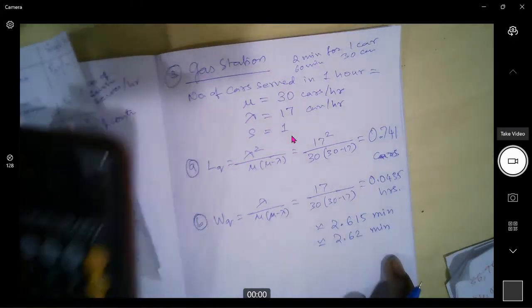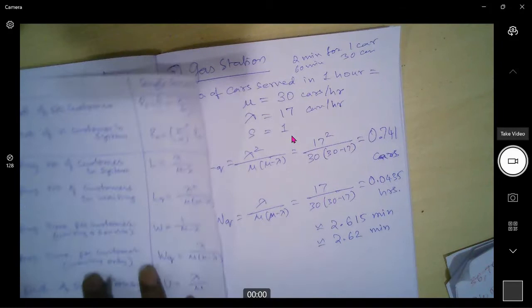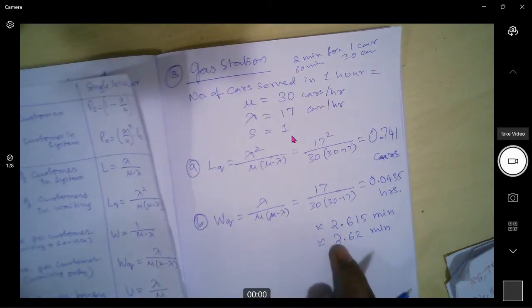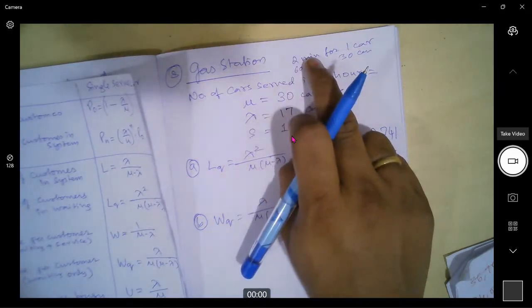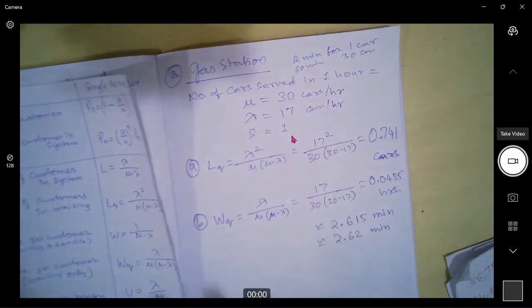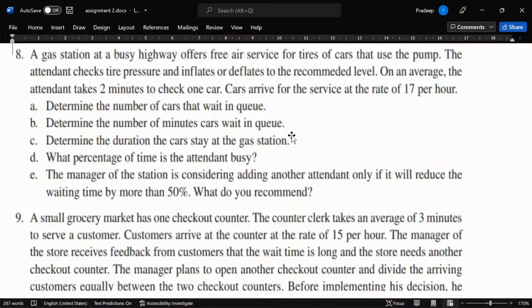So this is the waiting time per car. A car has to wait in the line 2.62 minutes, then the car will be serviced in 2 minutes, so the total car time will be 4.62. Anyway, that will be the next question maybe.